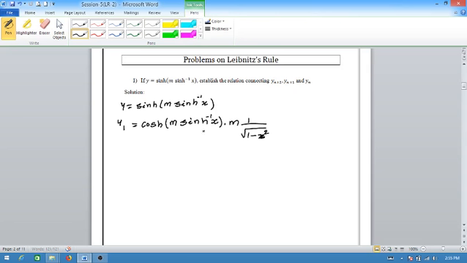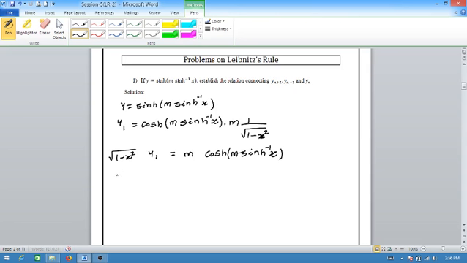Now cross multiply, so you will get root of 1 plus x square into y1 is equal to m is constant, cos hyperbolic m into sine hyperbolic inverse x.